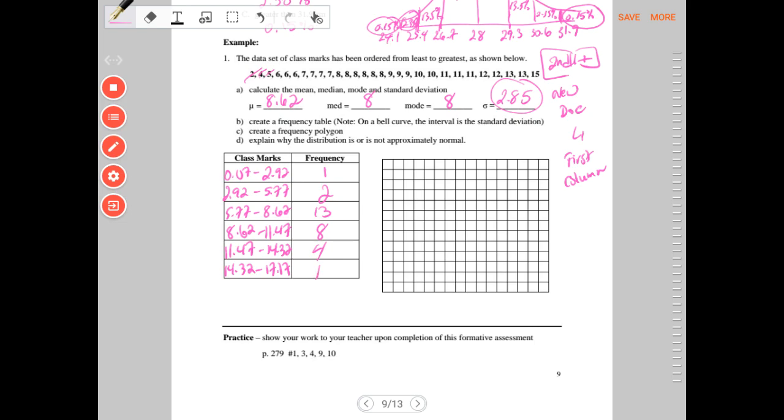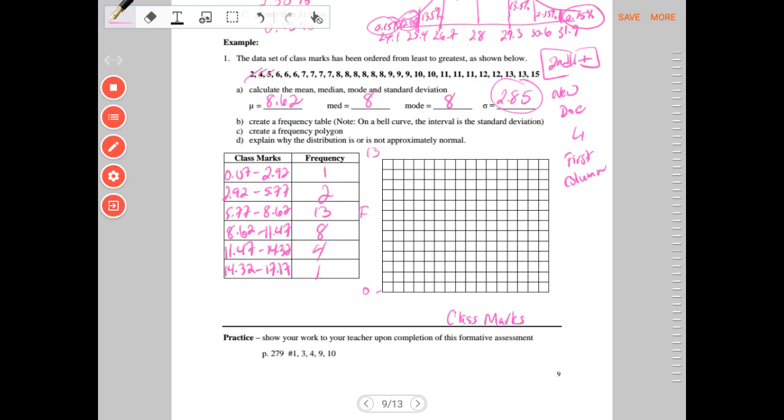Okay, so along the x-axis will be the class marks. And on the y-axis, of course, will be your frequency. Okay, frequency started at 0. I think there's enough for 13. 1, 2, 3, 4, 5, 6, 7, 8, 9, 10, 11, 12, 13.